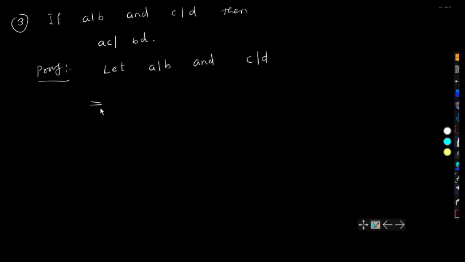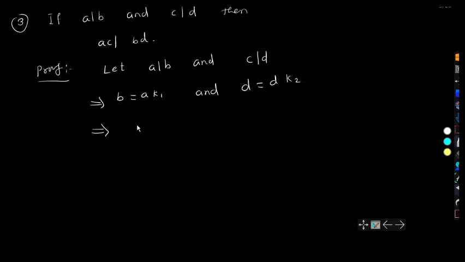This implies that, A divides B means what? B is a multiple of A. So B is equal to AK1, and C divides D means D is a multiple of C, so D is equal to CK2.